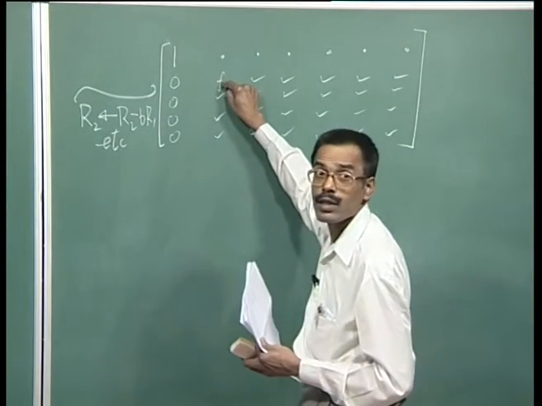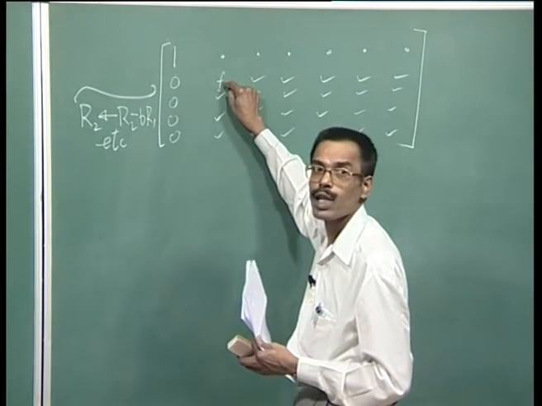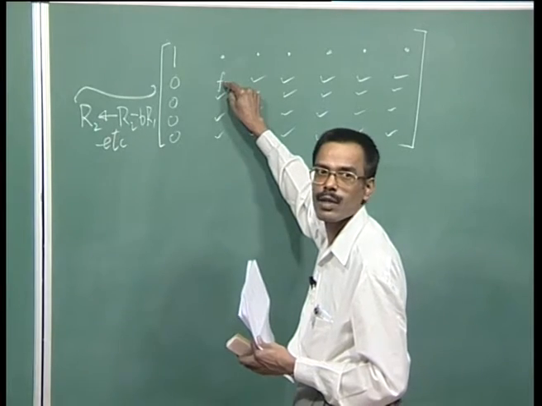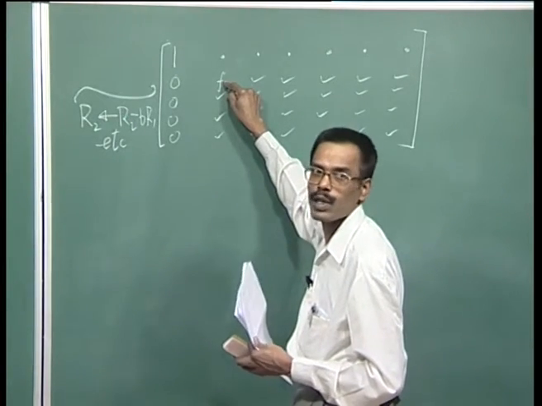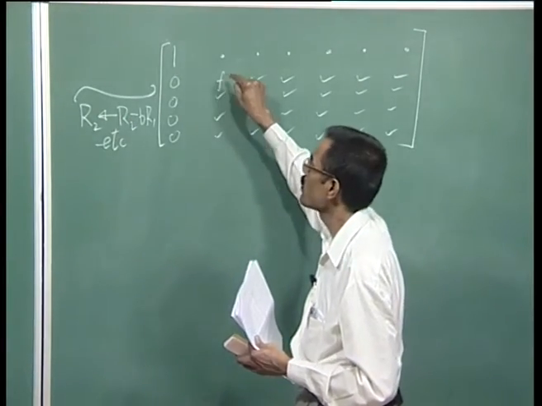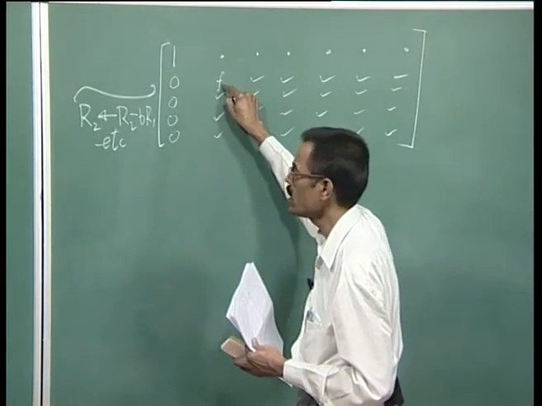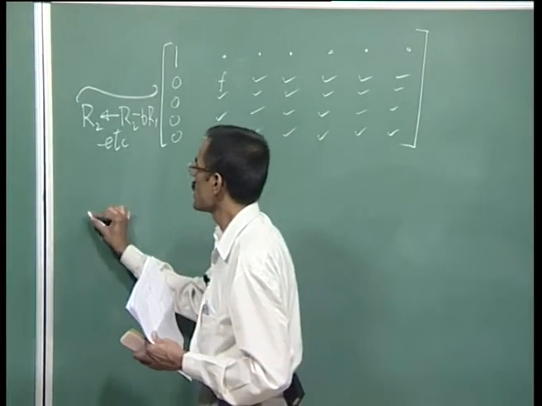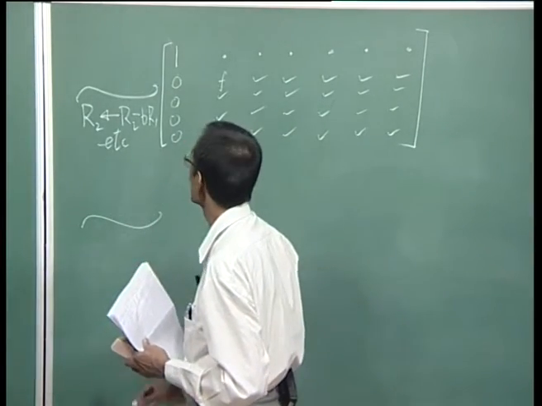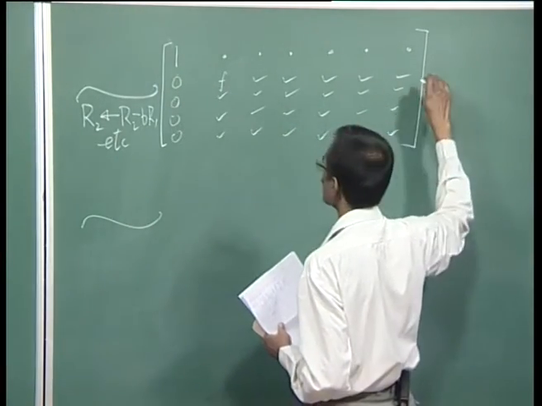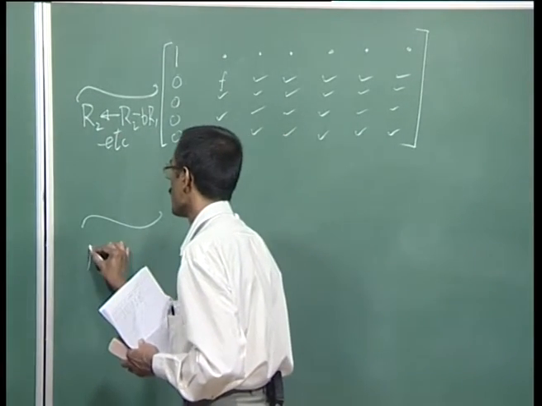We wanted a 1 here. See, if it is 0, then we cannot get a 1 here by just dividing, because whatever you divide 0 by, you will get 0 only. If it is a non-zero number, then we can divide by this number to get a 1 here, right. So, the next elementary row transformation will be: divide the second row by f.